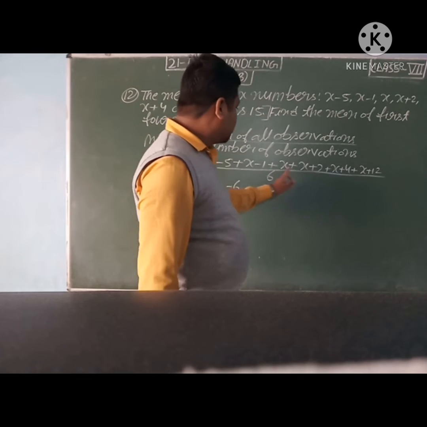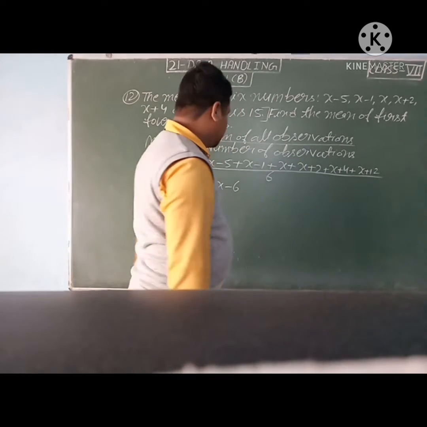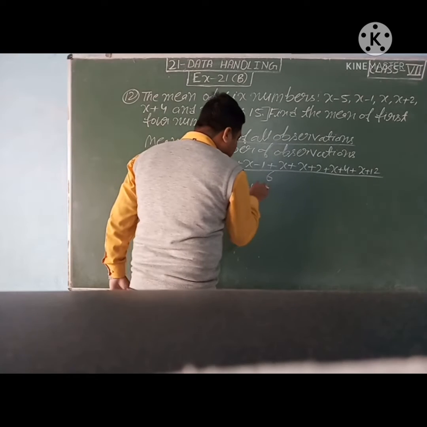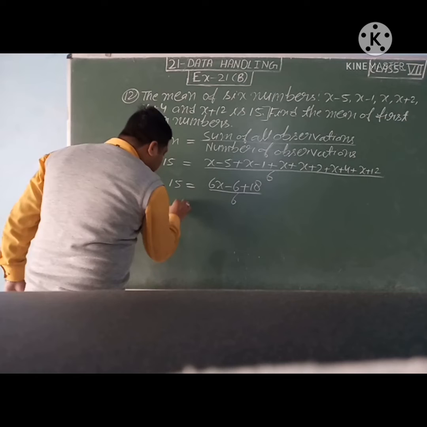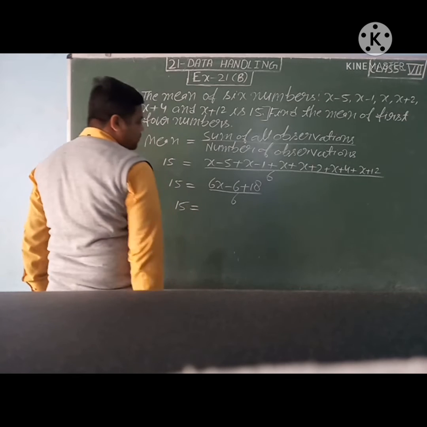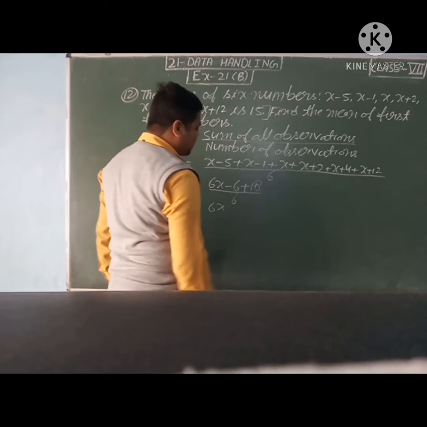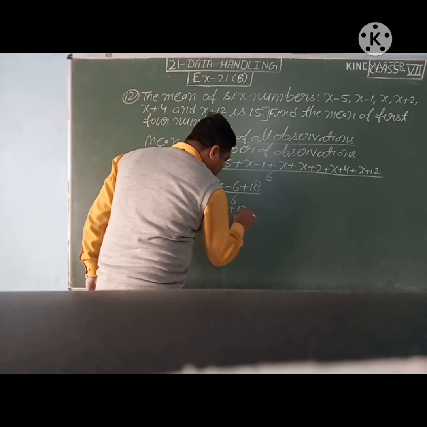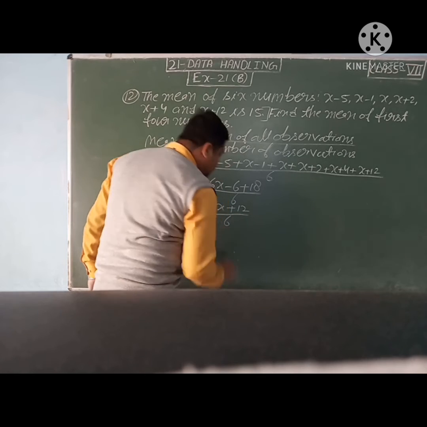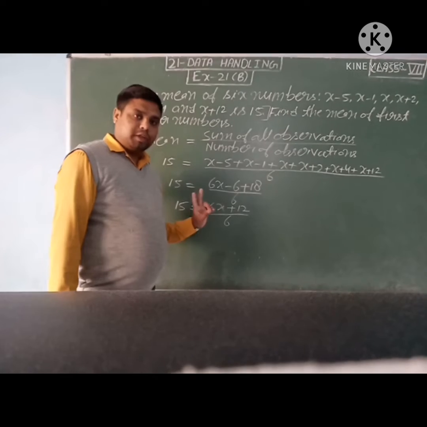Then 2, 4 and 12, 18. So 15 is equal to 6x, as it is minus 6 plus 18, what we will get? Plus 12 upon 6. Students, from here we can do two things.